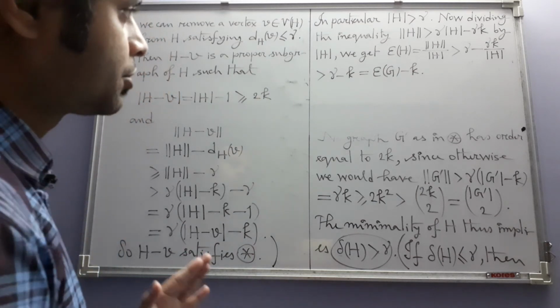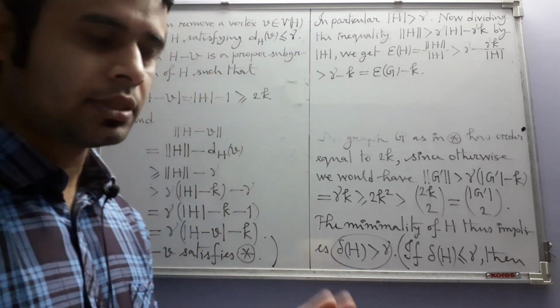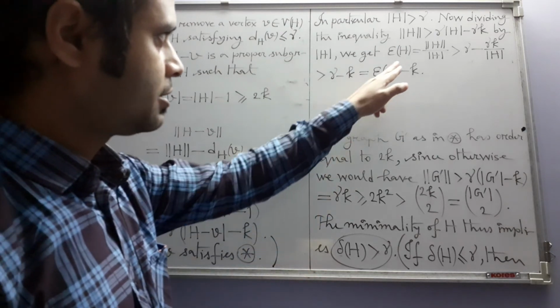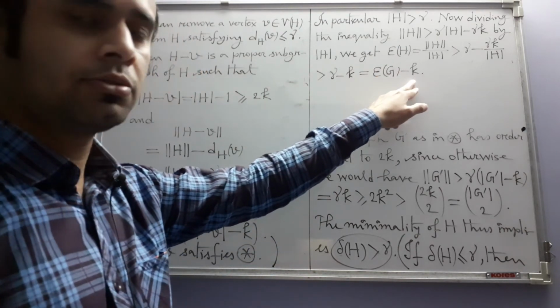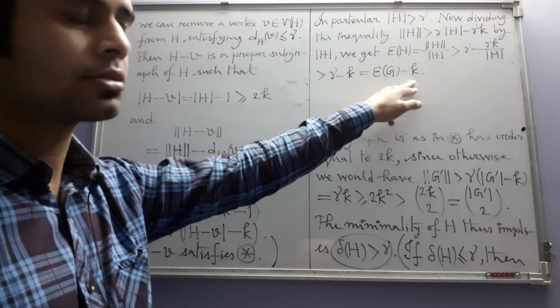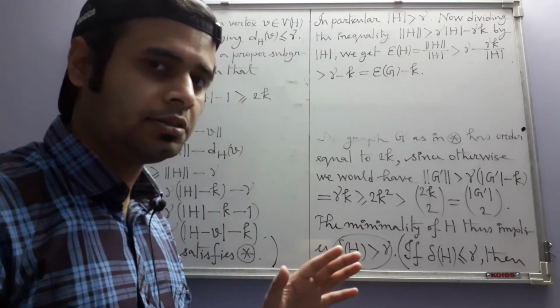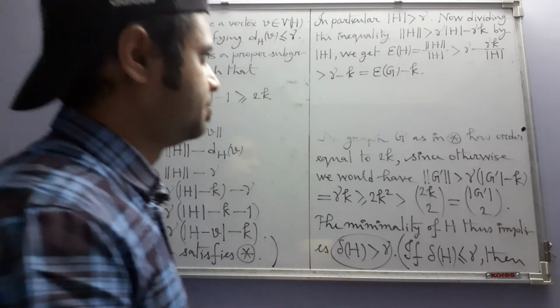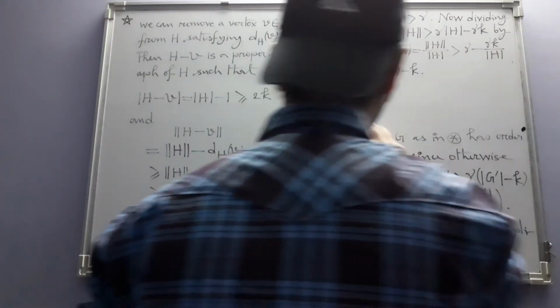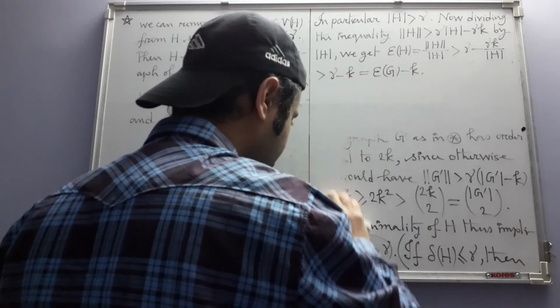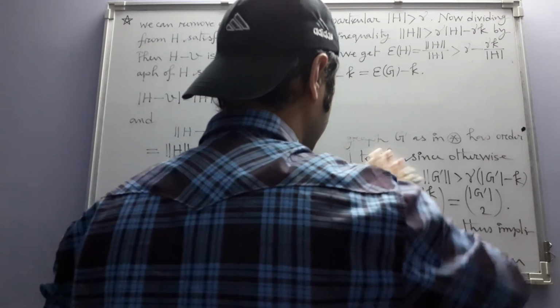Okay, so we have shown that H is a subgraph in G that satisfies the final inequality that we are claiming is true. Now the only thing that is left for us to show is that H is k plus 1 connected. So that is the next thing. Once we show that, then our proof is over.